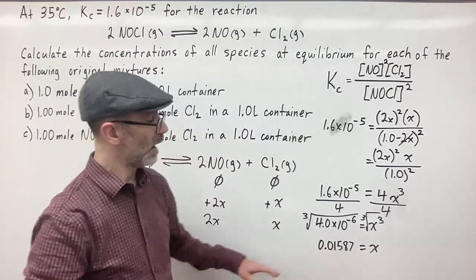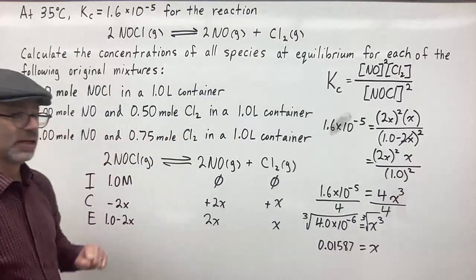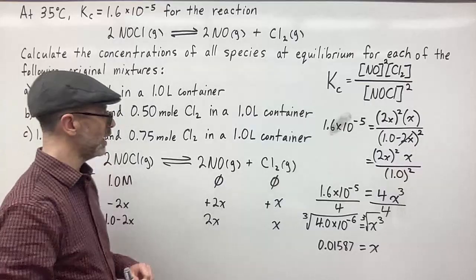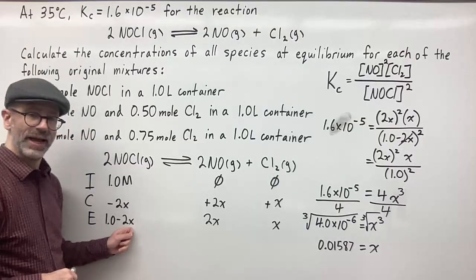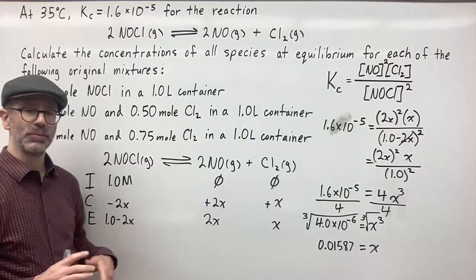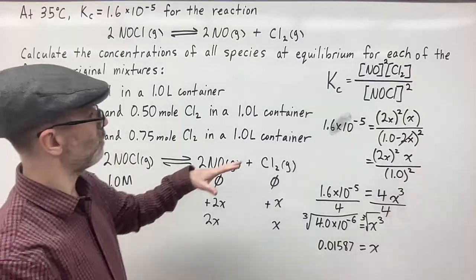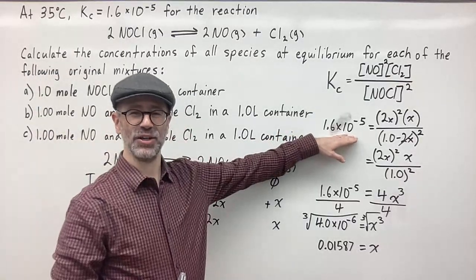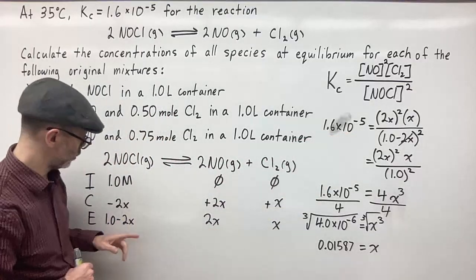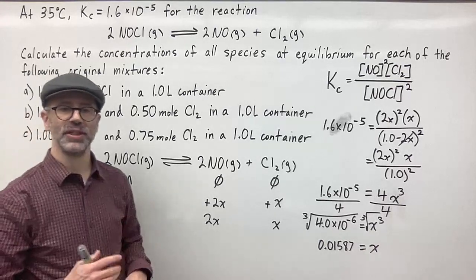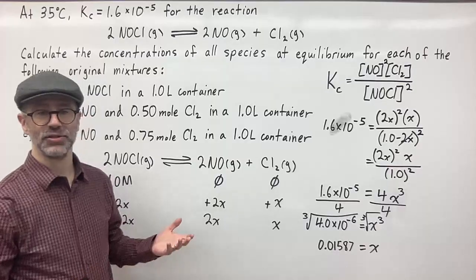Okay? And so now we can go ahead and plug that in for the concentration of our species at equilibrium. Now, the one thing I want to point out is we could possibly put x in here and subtract from 1.0, but that would contradict what we had said before. We said before that because the Kc value is so much smaller than the initial concentration, subtracting the 2x here would be negligible, such that the initial concentration would be the same as the equilibrium concentration.